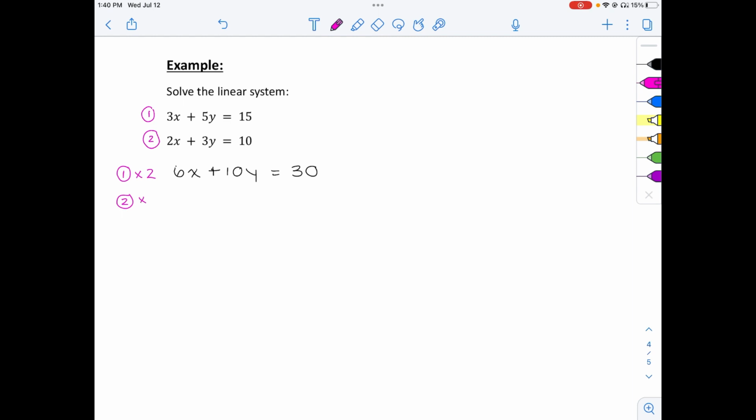So I'm going to multiply it by 3. And again, all 3 terms get multiplied by 3. So 2x times 3 gives me 6x. 3y times 3 is going to give me 9y. And then 10 times 3 is going to give me 30.